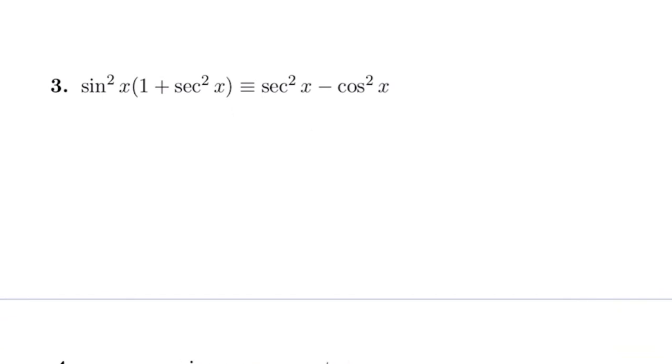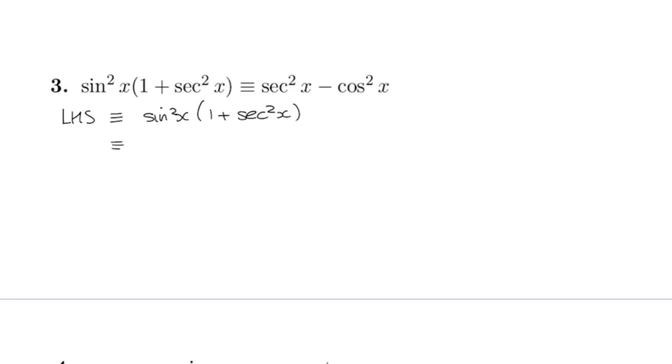Number 3 says we need to show or prove that sine squared x multiplied by 1 plus sec squared x is identical to sec squared x minus cos squared x. So I'm going to start with the left hand side. There's no rule, but we usually start with the side that's more complex. So I'm starting with the left hand side. And as you can see, in the left hand side I've got sec squared x, so I just need to replace the sine squared x.